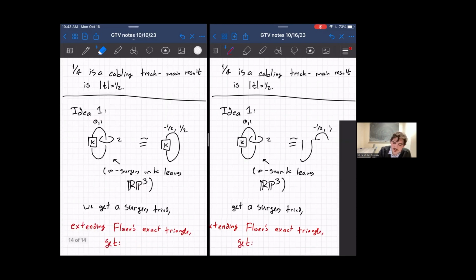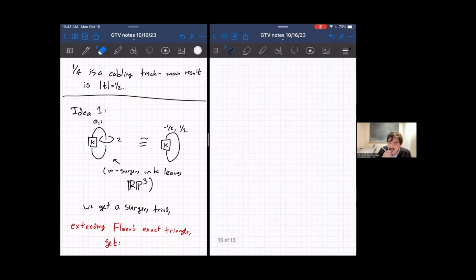This is mainly following through the usual argument of the exact triangle, being a bit more careful of some reducible solutions that might appear that you have to rule out in some way. But what Floer's exact triangle would give you, if you believe it can be extended naively, which I promise it can.